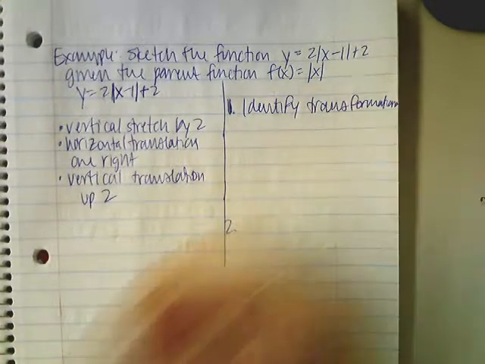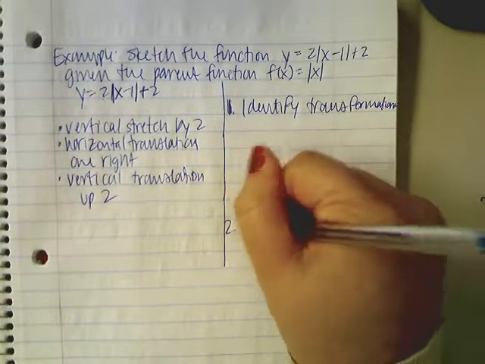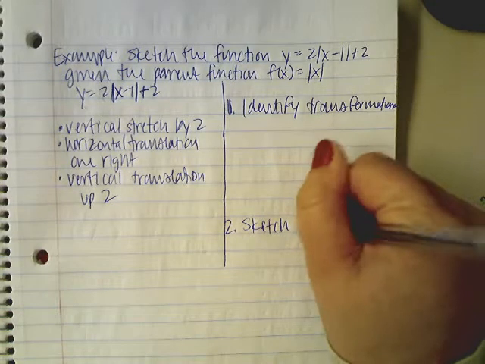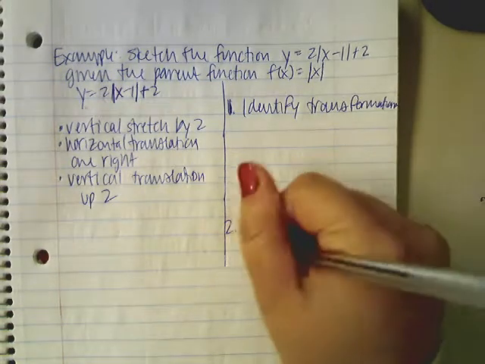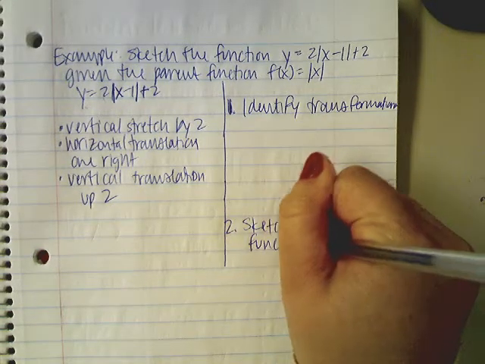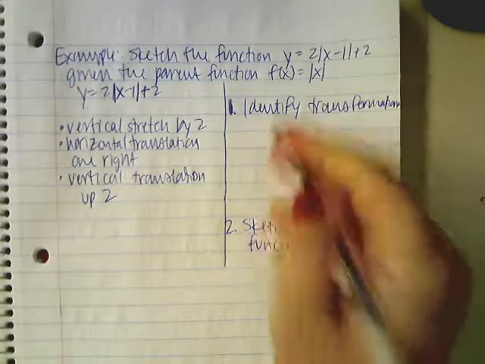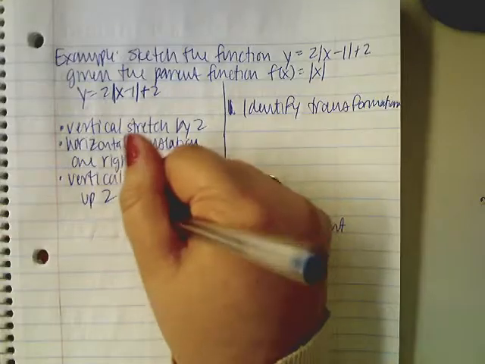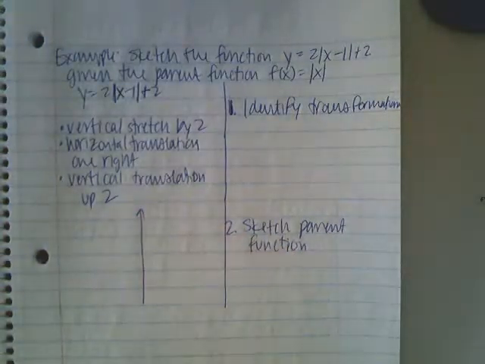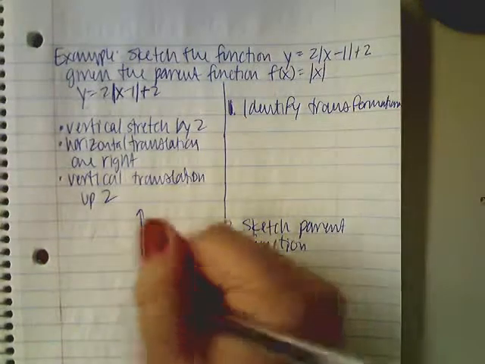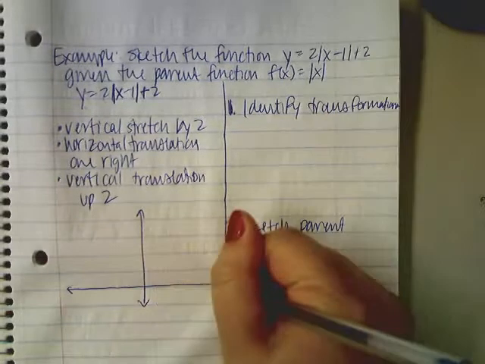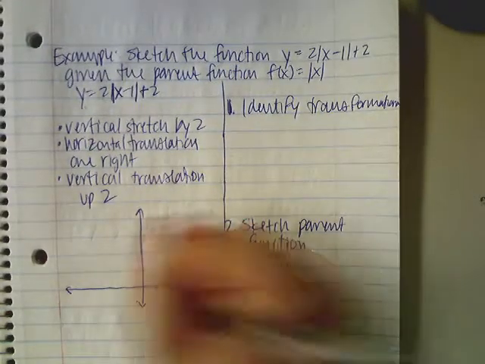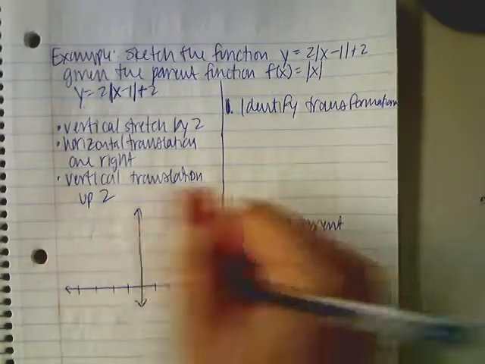Now, this applies to graphs because if I sketch the parent function, which is just the simplest version of a function. So we're sketching our simplest absolute value function, just f of x or y equals the absolute value of x. Sorry. So if I sketch this really quickly, 1, 2, 3, 4, 1, 2, 3, 4.